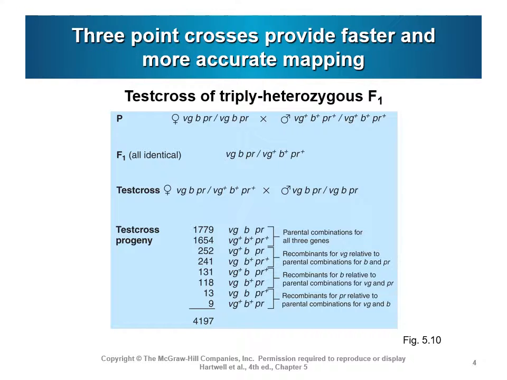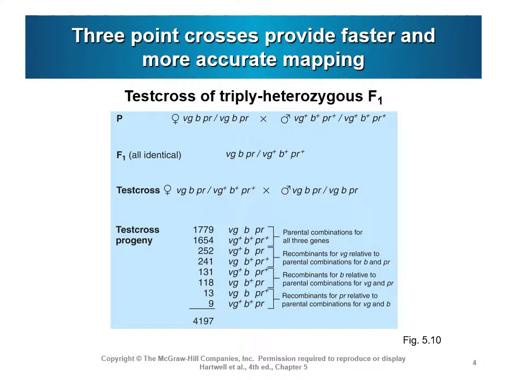Most of the progeny will be similar to parental combination for all three genes. So the most will be VG B PR, VG plus B plus PR plus. Ideally, common sense says that all of them were supposed to be parental combination. However, we see a smaller population of different combinations, which is due to recombination taking place.